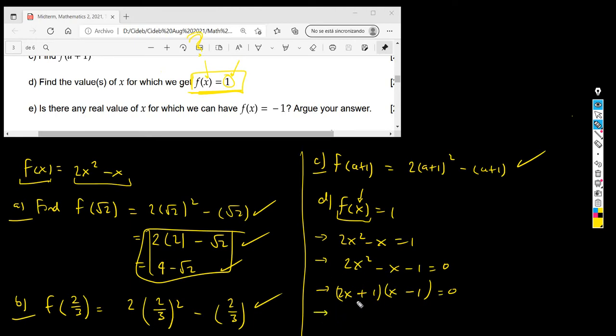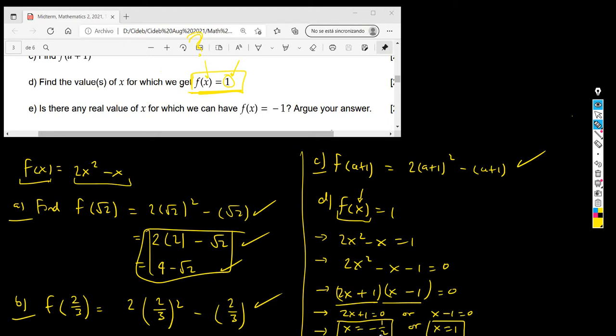By now you should be familiar with this process, right? If the multiplication of two numbers is 0, that's because the first number is 0 or the second number is 0. Basically you solve this equation and this other equation, and by doing such you will find both values of x. So x is equal to minus 1/2 or x equals 1.